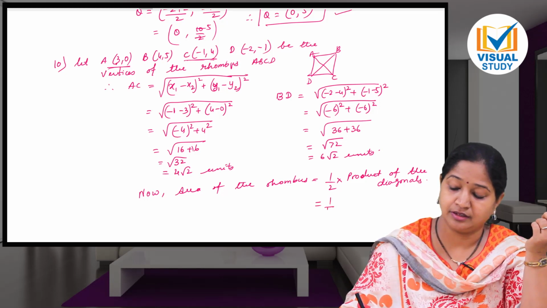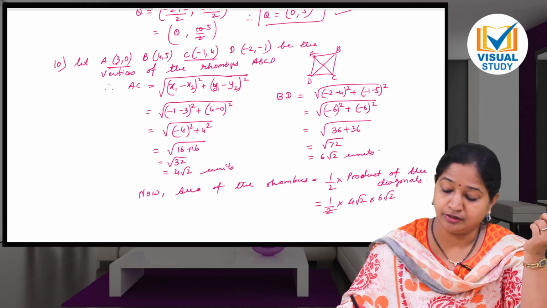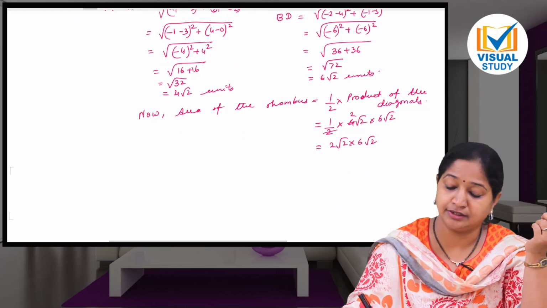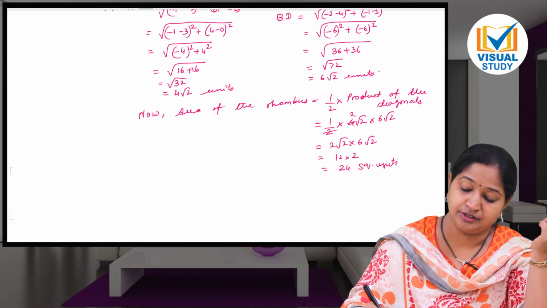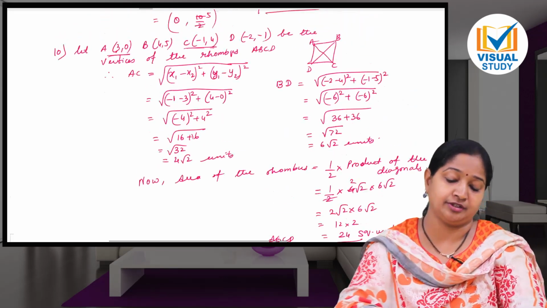That is half into 4 root 2 into 6 root 2. Barabar? 2 root 2 into 6 root 2. What you get is 12, and root 2 into root 2 is 2, and that is 24 square. So, area of the rhombus ABCD is 24 square unit.